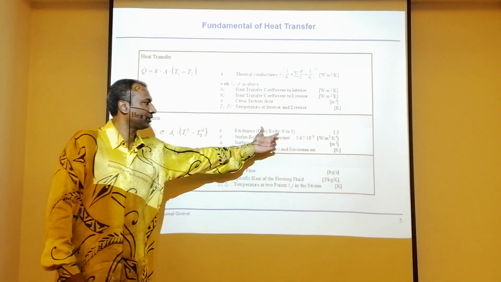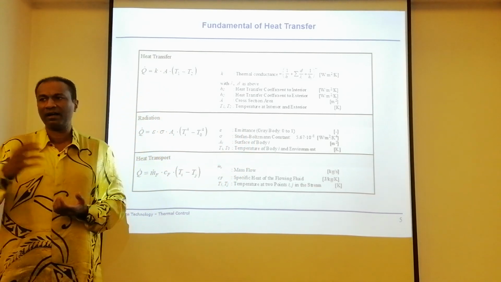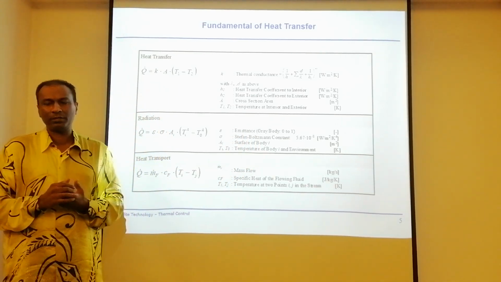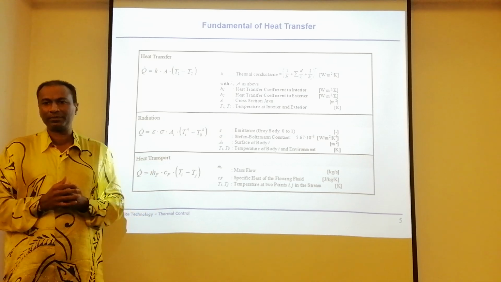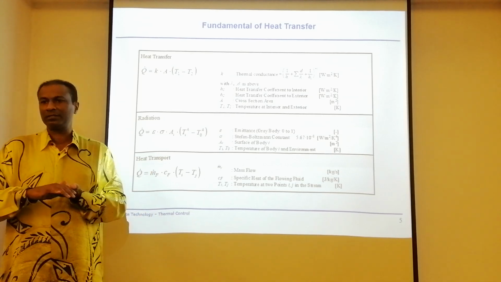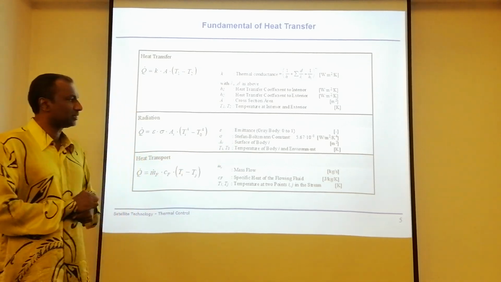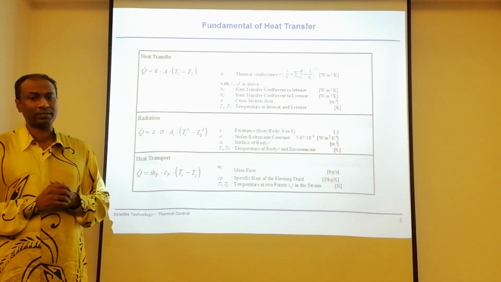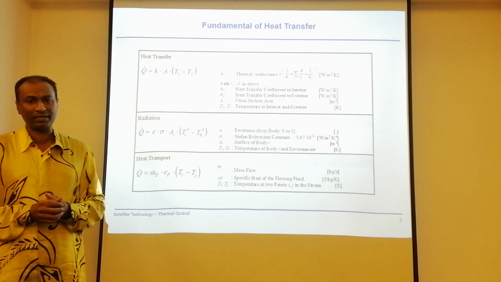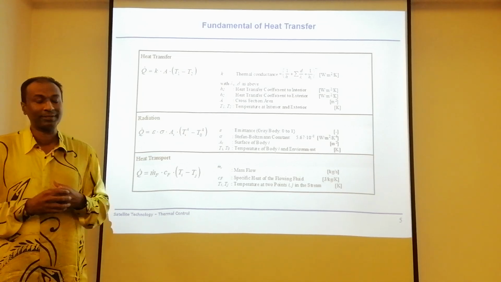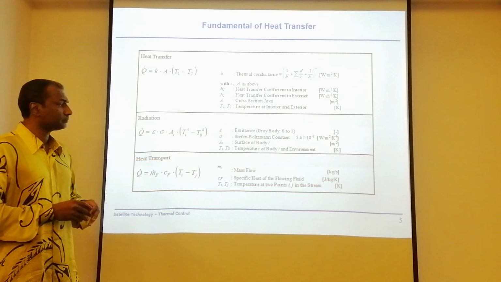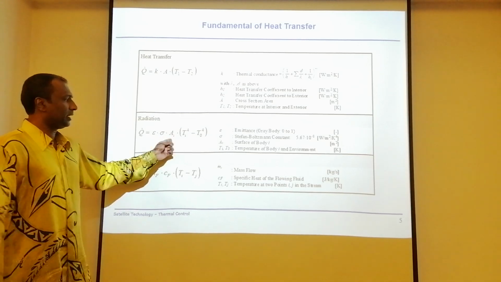If you have a 1, emittance is very, very high, like a white paint, for example, or a polished surface, which is quite typical. And Stefan-Boltzmann's constant, I think all of you know this, and the radiation relation has been established based on Stefan-Boltzmann's law, and A comes in.